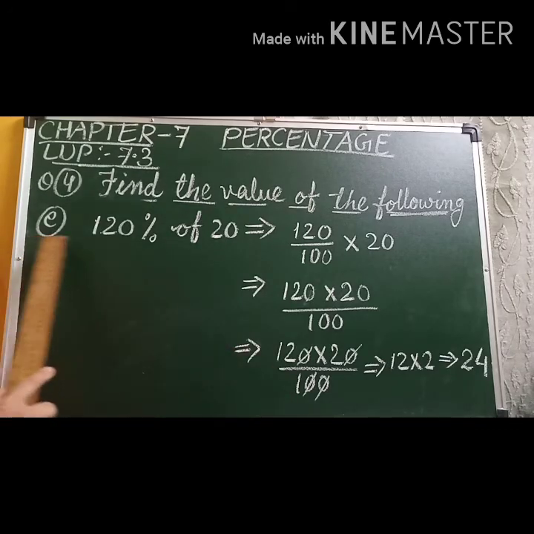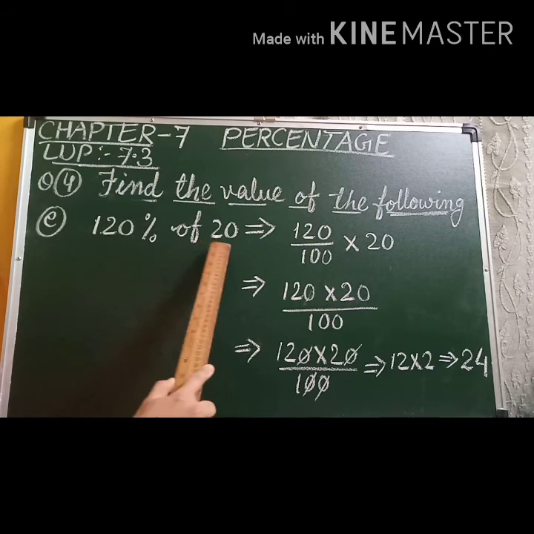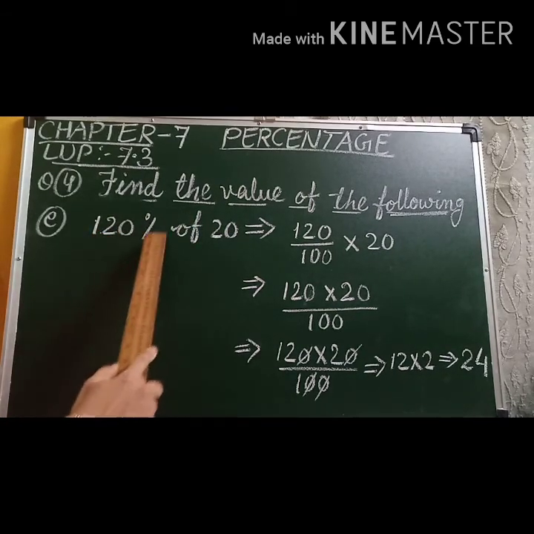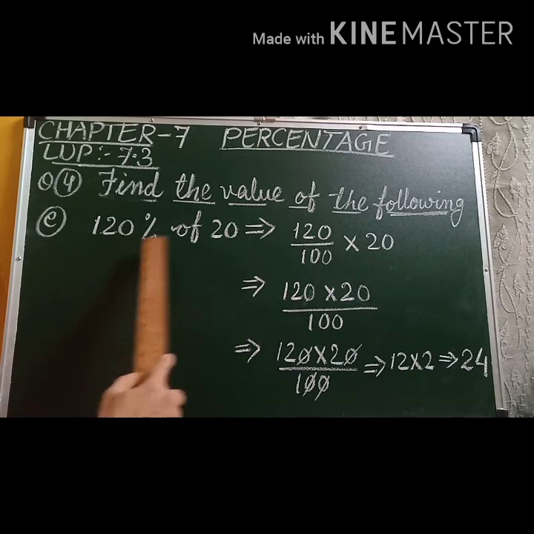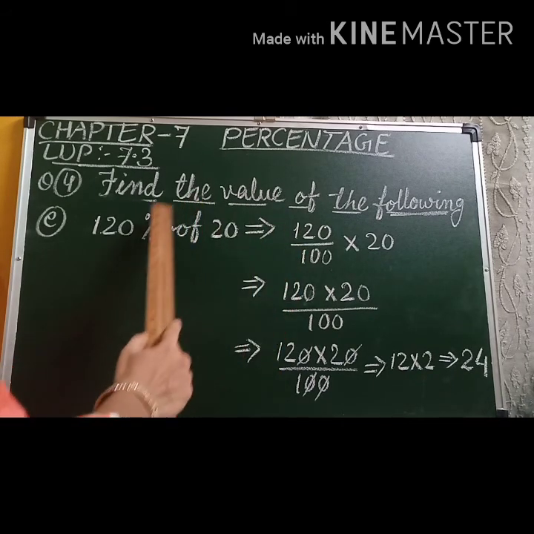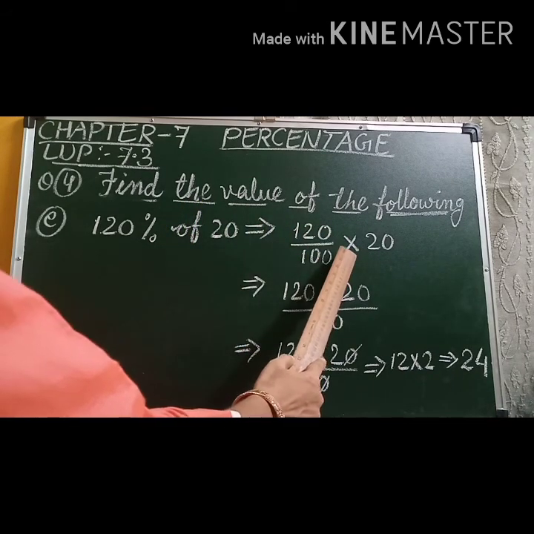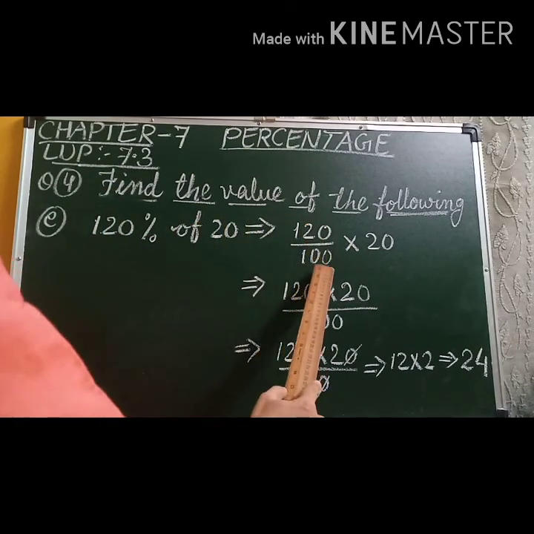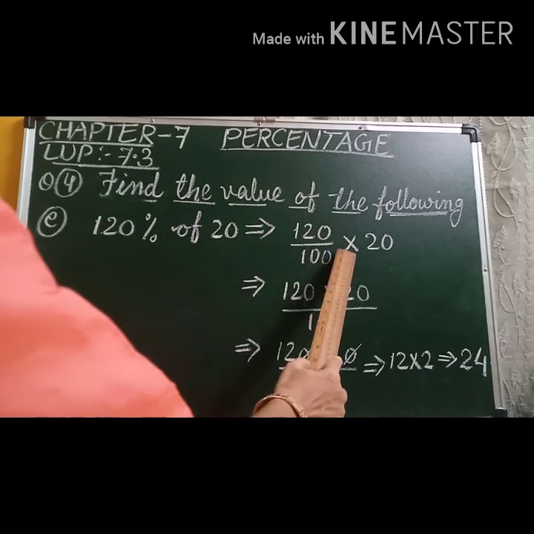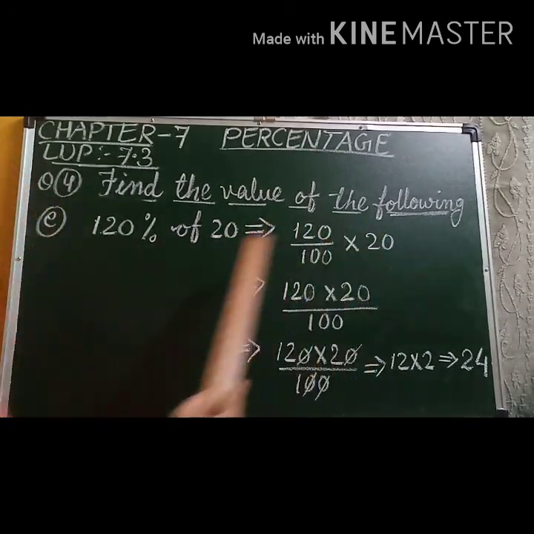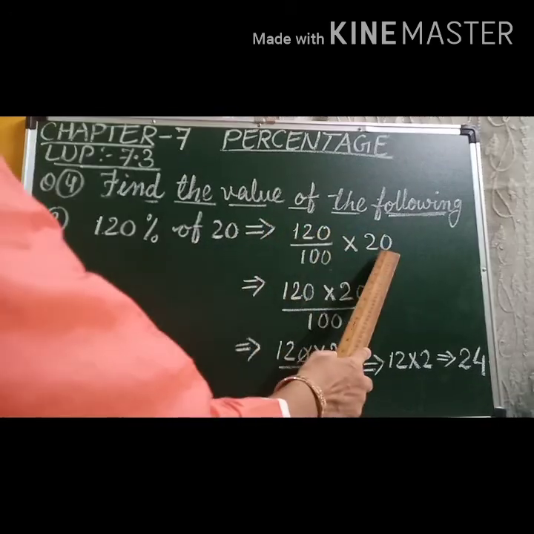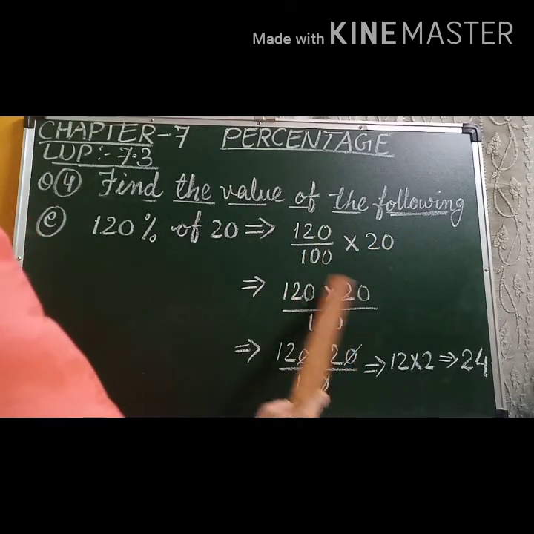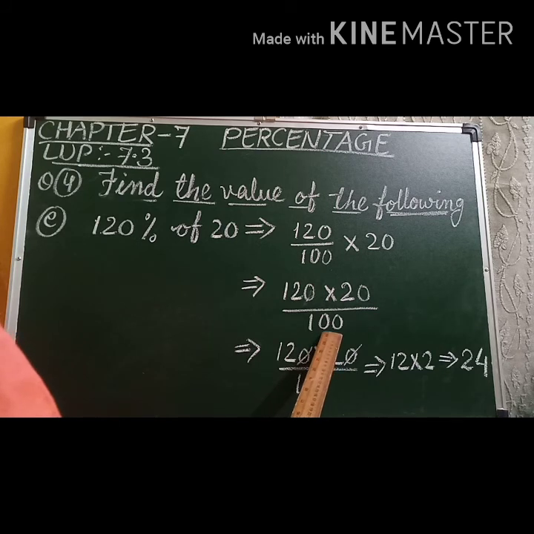The same question is here. 120% of 20. Again we have to follow the same method. We have to convert this percentage sign into a fraction and we have to convert this "of" into a multiplication sign. So we can write 120% as 120 by 100 and "of" means multiplication and 20. So here numerator and numerator should be multiplied. So 120 multiplied by 20 and in the denominator 100 is there.